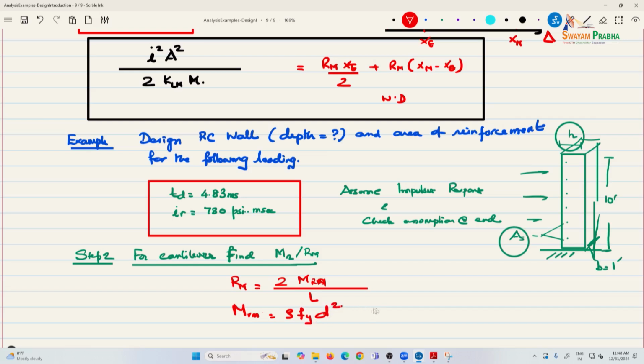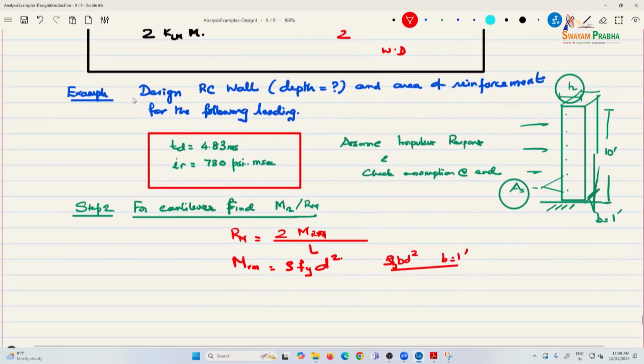So, rho B d square, basically in terms of rho Fy times B d square, where B is equal to 1 feet. If it is something else, you can express it. The effective depth H is, this is effective depth D.